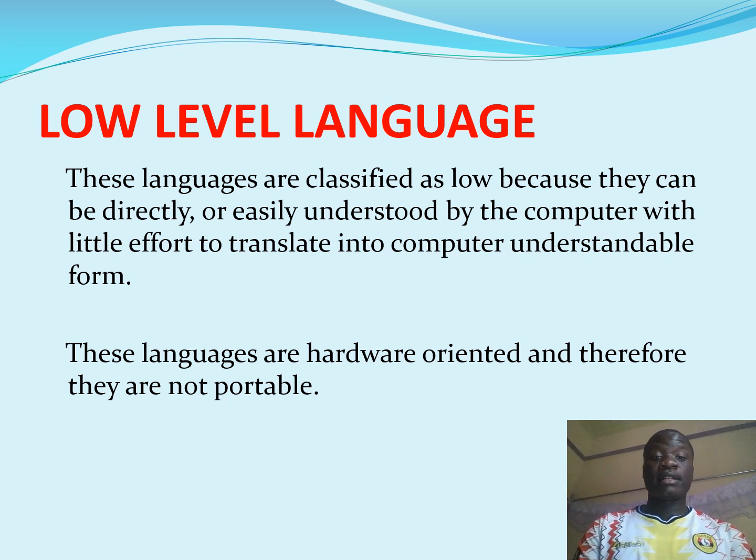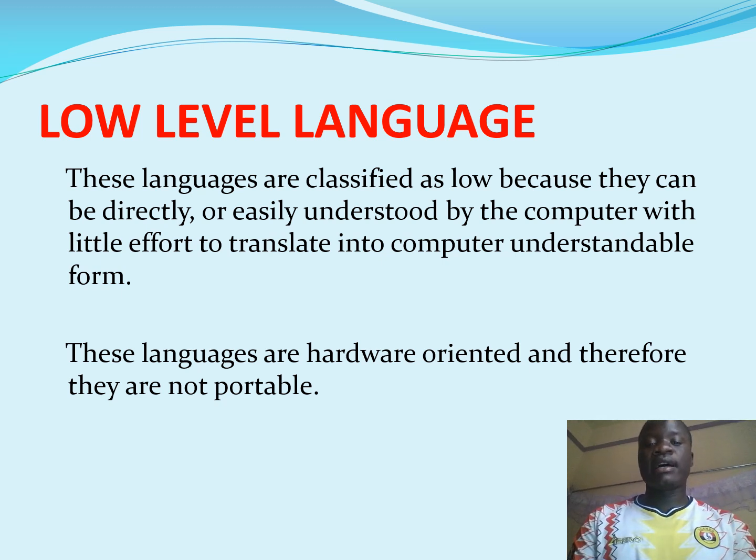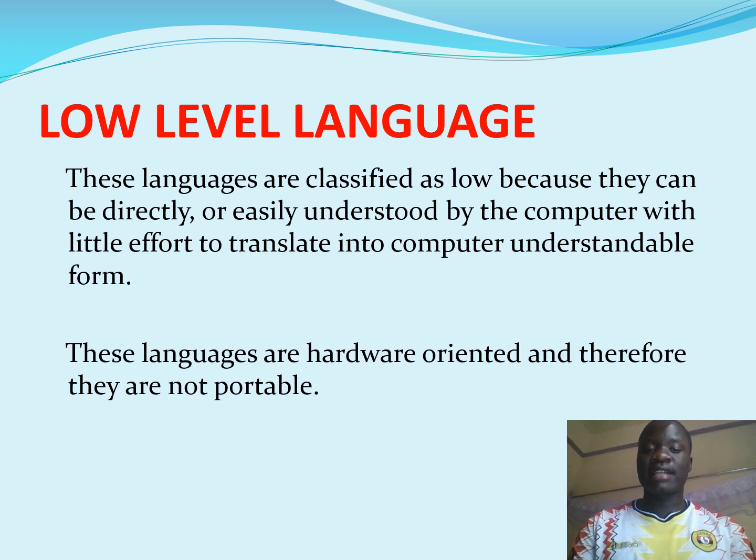Here we are seeing that these languages are classified as low because they can be directly or easily understood by the computer with little effort to translate into computer understandable form. As we continue, we realize that a computer has a language that it understands, and the language that we speak, a computer cannot understand.